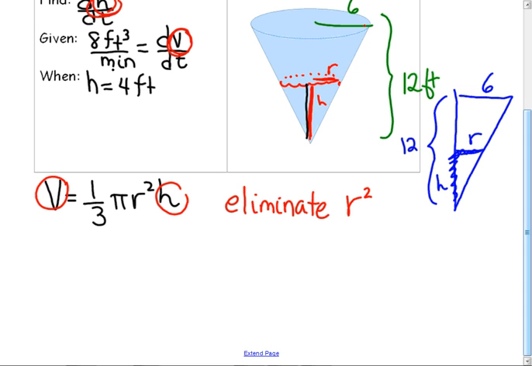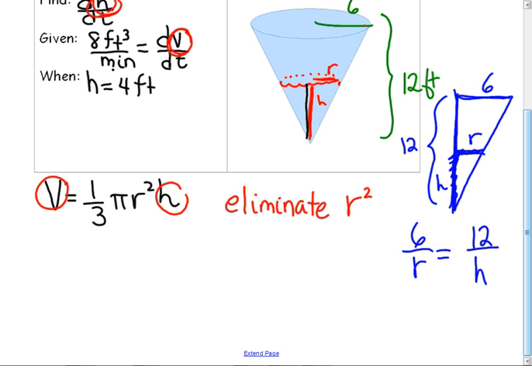Do you remember similar triangles? Yeah, they're proportional. So 6 divided by r, so this is the big radius to the little radius, is the big height, which is 12, to the little height. No, it's h. It's only for one instant.